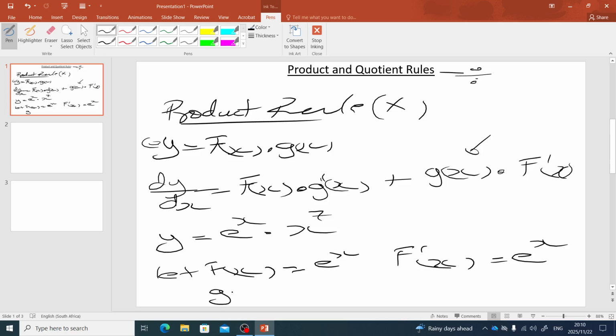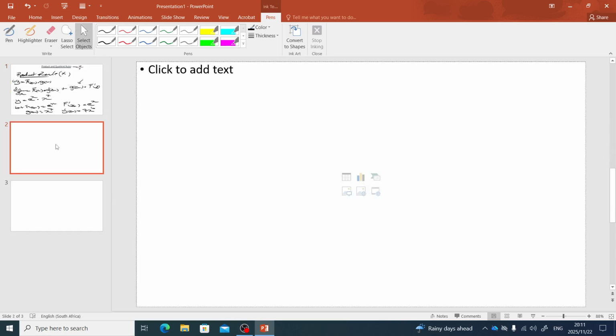And let's say g of x equals x to the power 7. Then its differentiation will be 7 multiplied by x to the power 6. Now, after you've done this, you can substitute as per the given formula.